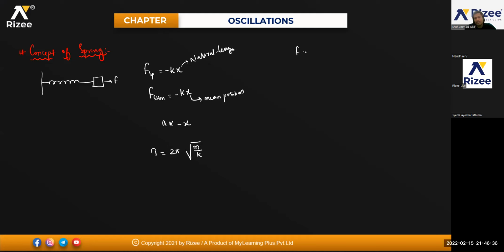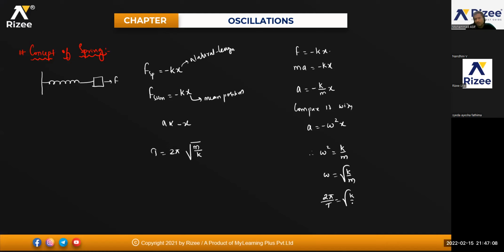Because F equals minus K into X. F equals M into a, that equals minus K into X. So acceleration is minus K divided by M into X. Compare it with a equals minus omega square into X. Therefore, omega square will be equal to K by M, and omega will be equal to under root of K by M. Omega is 2 pi by T, equal to under root of K by M. So from this we get the time period T equals 2 pi under root of M by K. M is the mass of the block and K is your spring constant.